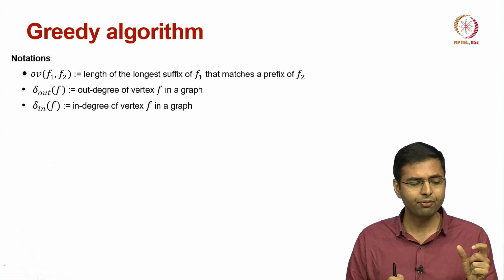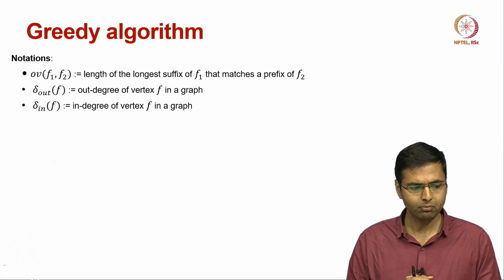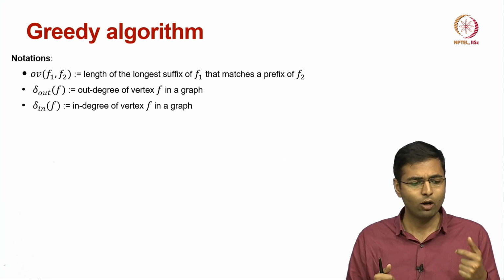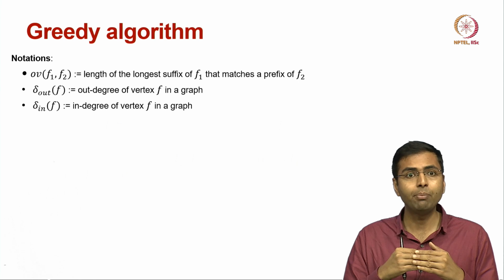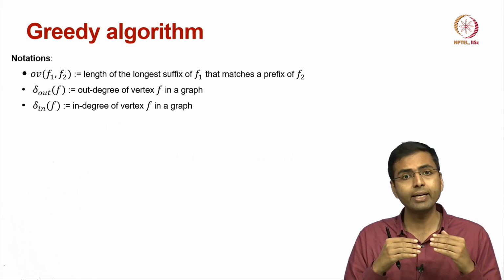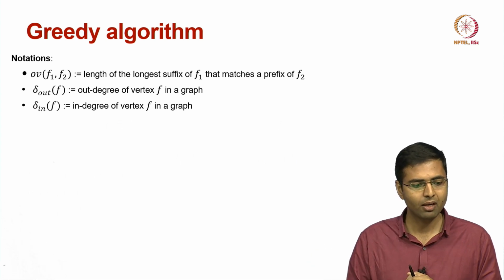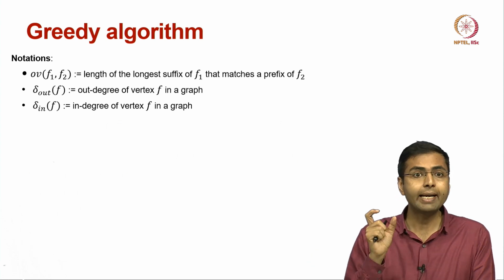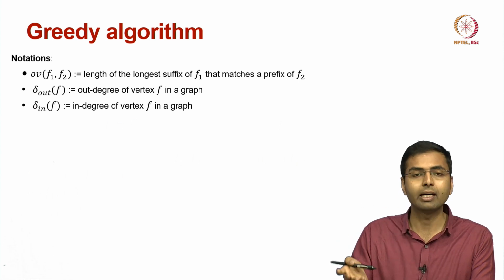So, let me give simple notations before I give out this greedy algorithm. Let me denote OV as the length of the longest overlap between F1 and F2, that is the length of the longest suffix of F1 that matches a prefix of F2. Let me also denote delta out as the out degree of vertex F in a graph.